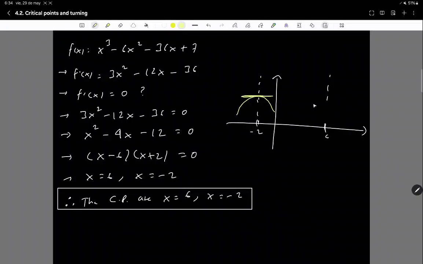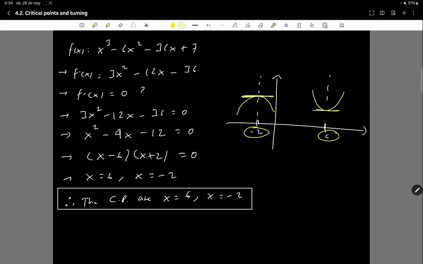You see what I mean? Or it could be like this. Right at those points, at minus 2 and 6, I'm going to observe that the slope of the tangent to the function will become flat or horizontal. That's what makes these critical points, right?